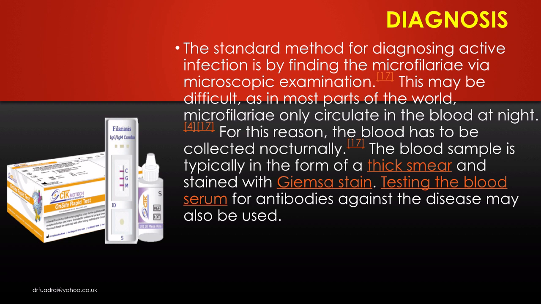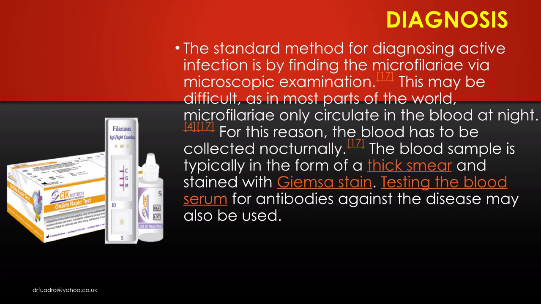Normally in blood microscopy, 2 to 3 drops of peripheral blood are collected by finger prick, and the blood is normally collected during the nocturnal period, that is from 10 p.m. to 4 a.m. at night.